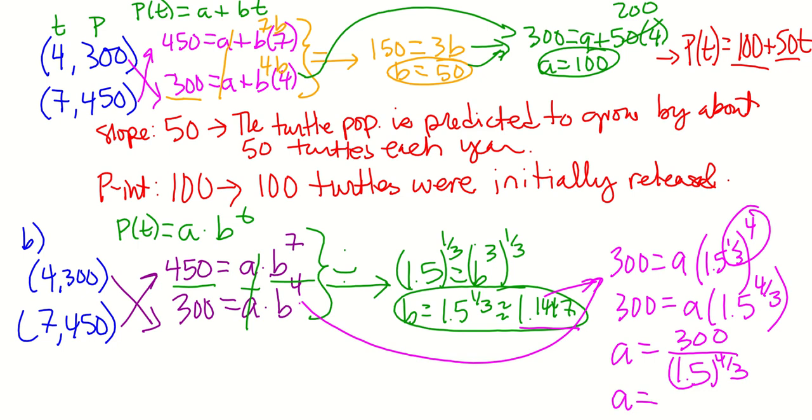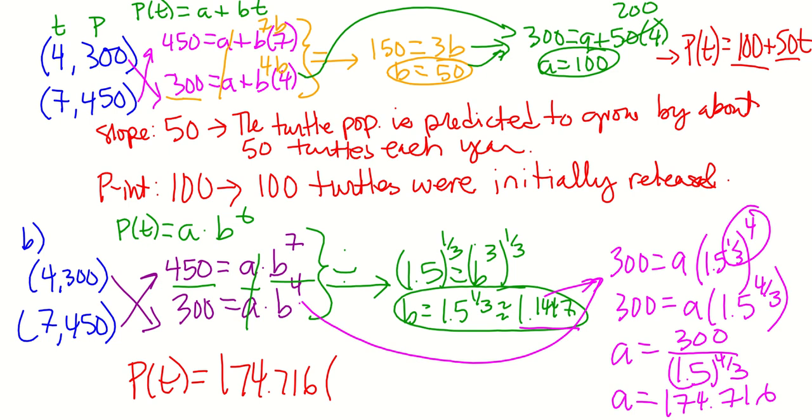If I put that in my calculator, I get about 174.716. Okay, that gives me that my equation, P of T, is equal to my A, which is 174.716, times my B, which was about 1.1447 raised to the T. So that's my exponential equation.